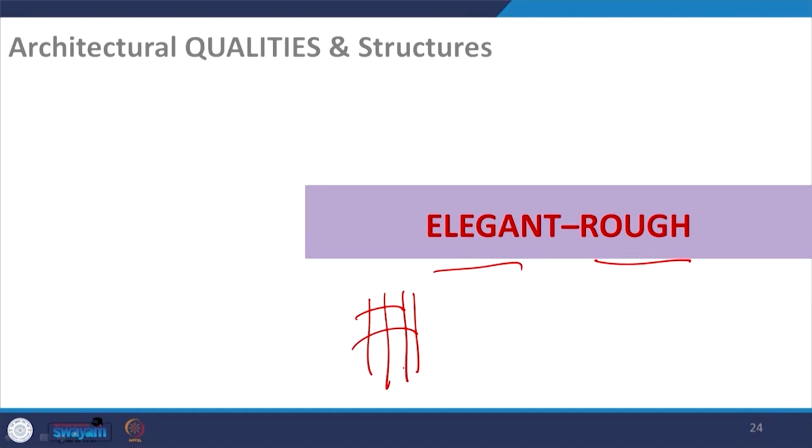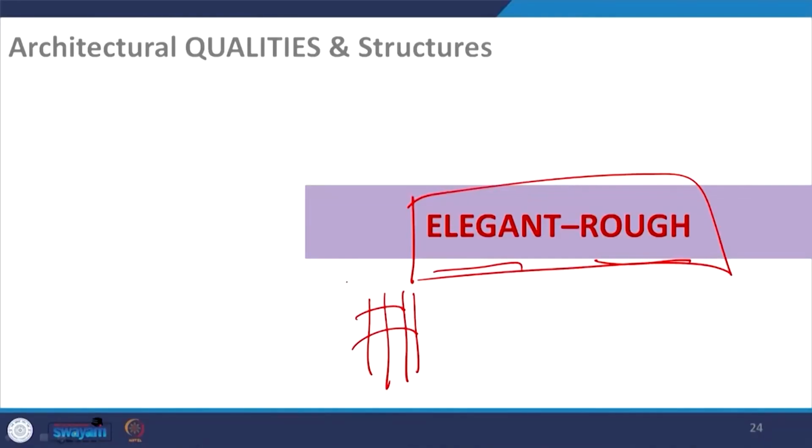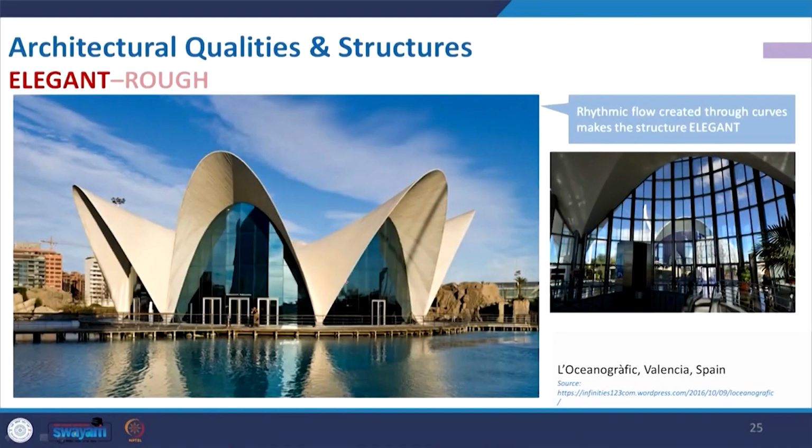So, say for example, if you see any Gothic architecture, there is small creation, small ornamentation to the structure, which is a piece of elegance, and roughness leads to the deconstruction concept in architecture. So, let us make this concept a little bit clearer with examples.